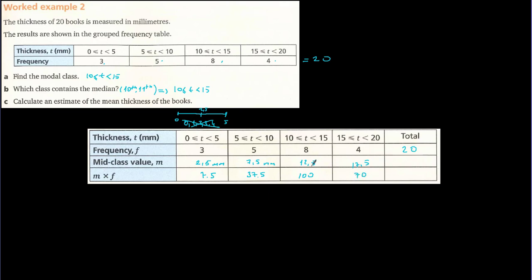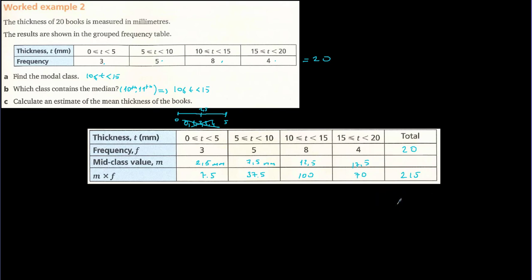So with respect to these values, we are going to find the total. 7.5 plus 37.5 is 45. 45 plus 70 is 115. 115 plus 100 is equal to 215, if I didn't make an operational mistake here.